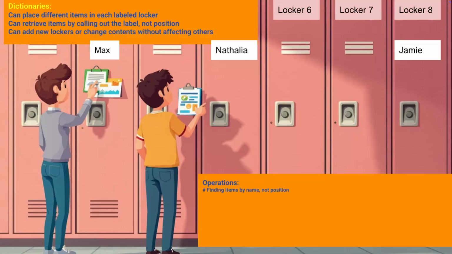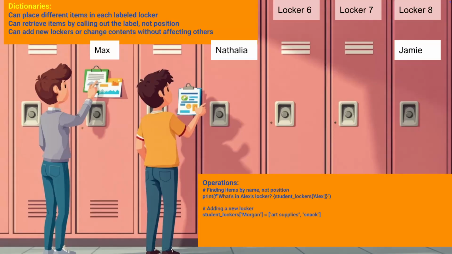So some of the operations, and I will provide it here in terms of coding. We could print what's in Alex's locker and it will point to the student locker known as Alex. So again, it would point to it as the label, not the position, not an indexed position.